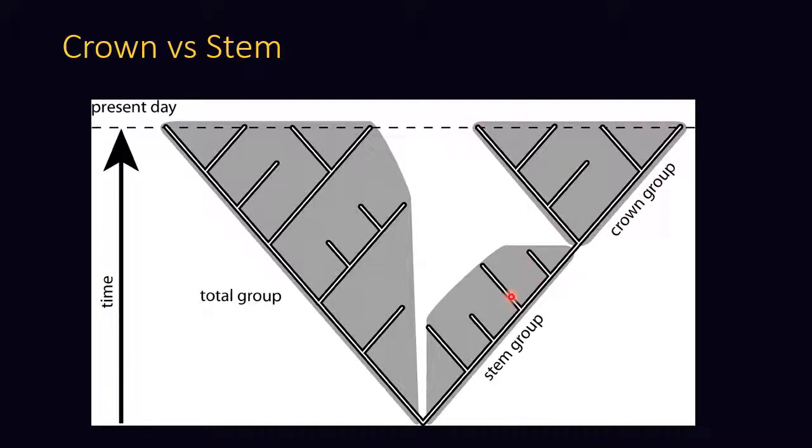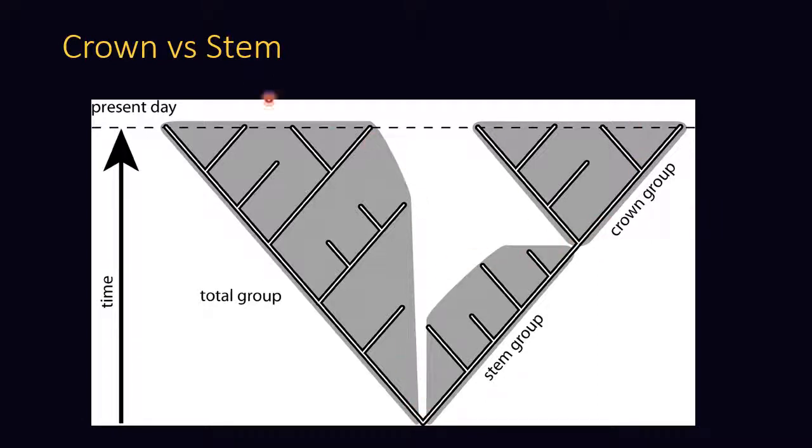Well, there's all these extinct fossils that are more closely related to mammals than they are to reptiles, but they're extinct, so they didn't make it all the way. So they're not part of the crown group. They're kind of the stem leading up to mammals. And so this, what we say is talking about a stem group. We're talking about these extinct forms are kind of in between the common ancestor of everything and the living group.